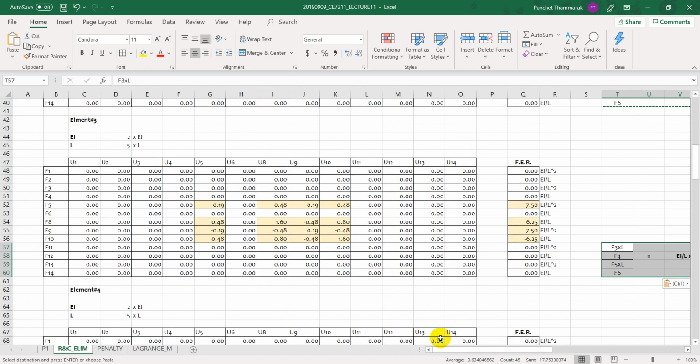And this is F5, F what? 8, right? Because we replace the number 7 by 5. So this one's got to be F9 and F10. 5, 8, 9, 10.